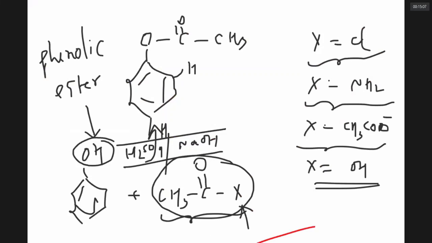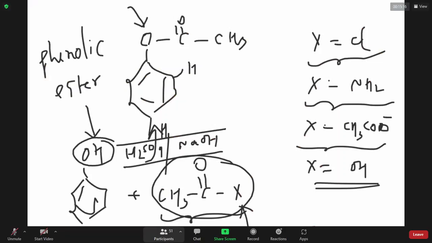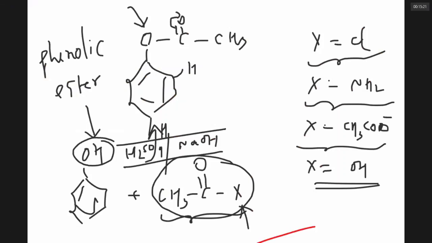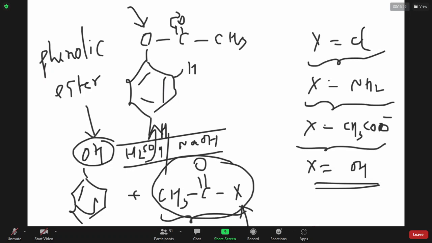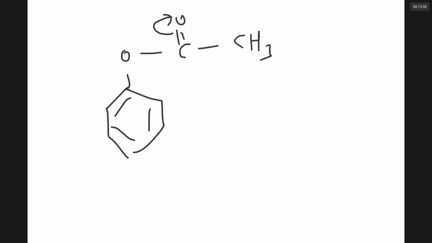When phenolic esters are heated in presence of AlCl3, the hydrogen in ortho position or para position will be removed as H plus, and that H plus will combine with the O part of phenol and the CH3CO, which is getting plus charge because the oxygen is taking the pi electrons. Let me write down the reaction, sir. In a phenolic ester, which is like this, oxygen will take away the pi electrons, so it gets plus charge.